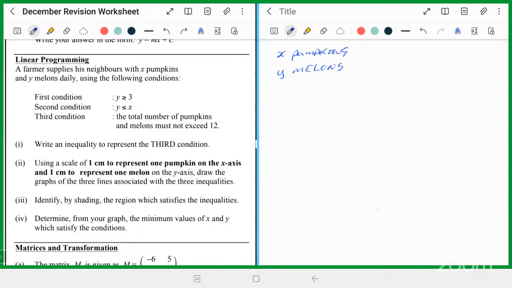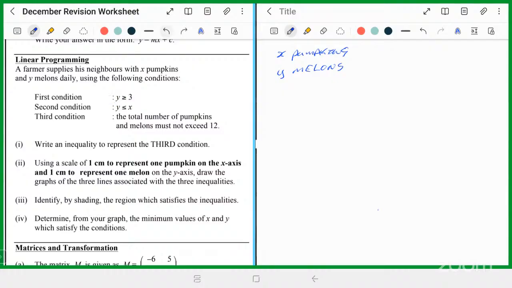They give us some conditions here. The first condition is that Y is greater than or equal to 3. Remember that Y is the number of melons, so the number of melons must be greater than or equal to 3, meaning you must have at least 3 melons.